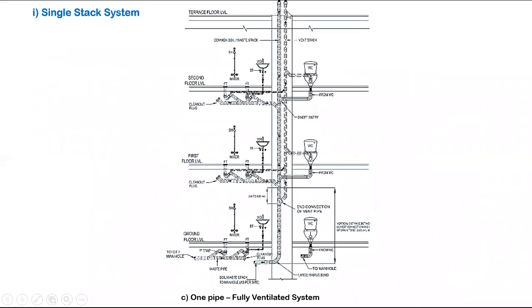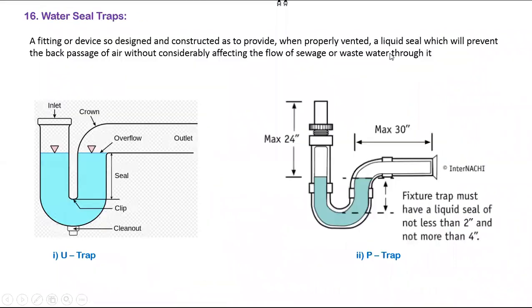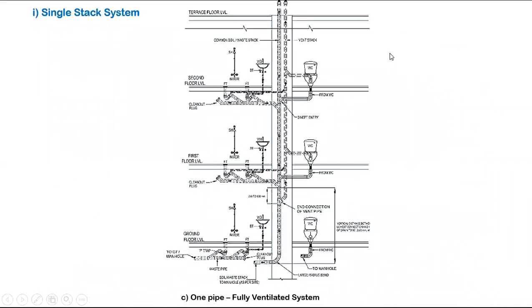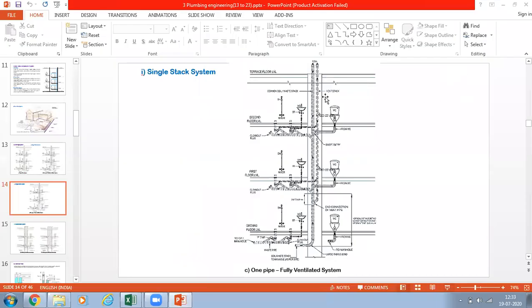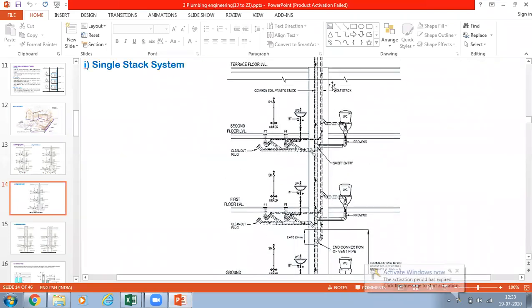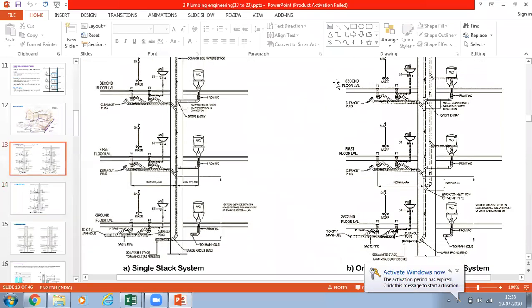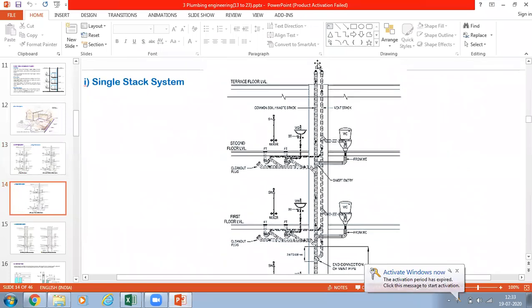The vent only goes to the top. The top will be protected by a vent cowl. Without a vent cowl we should not connect, because other animals will enter.